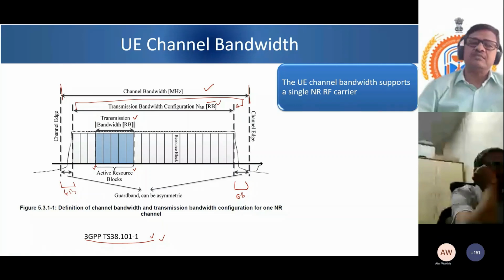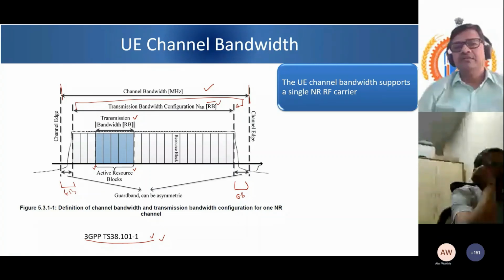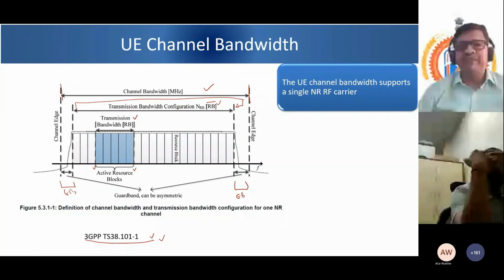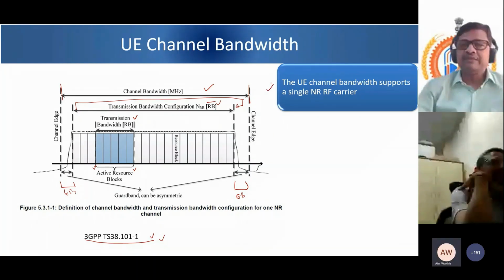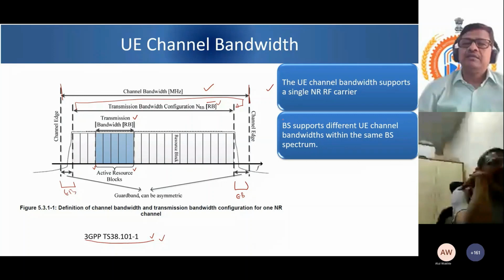Just to summarize, the UE channel bandwidth supports a single NR RF carrier. And the BTS supports different UE channel bandwidths within the same BS spectrum.